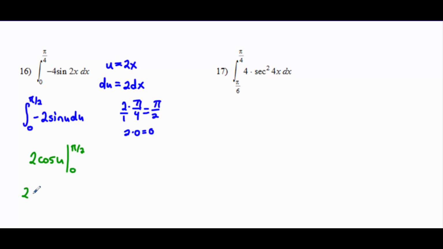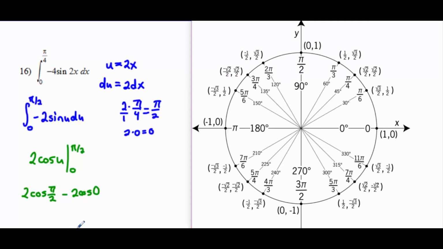So that's 2 cosine pi over 2 minus 2 cosine 0. If I'm using the unit circle, then I'm looking for my x value at pi over 2 and my x value at 0. So here's a unit circle, and my x value at pi over 2, which is up here, is 0. My x value at 0 is 1.